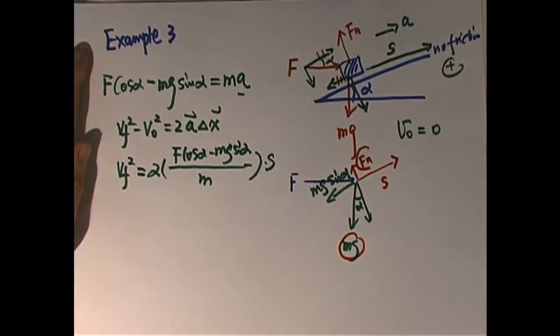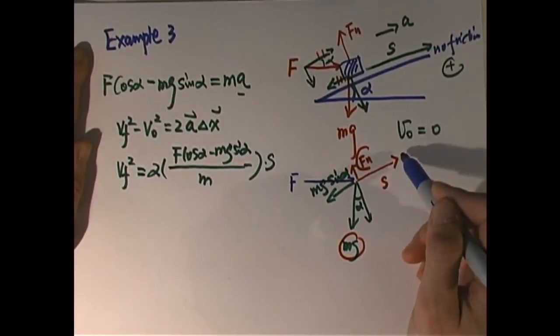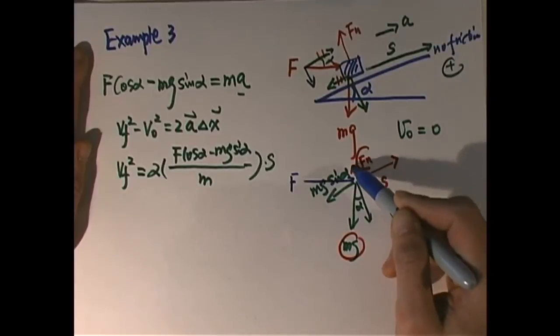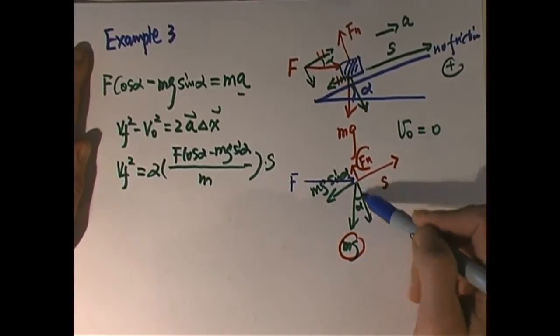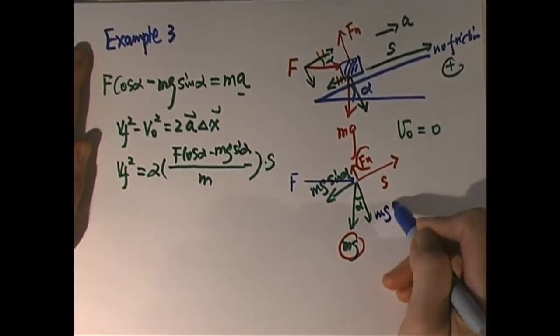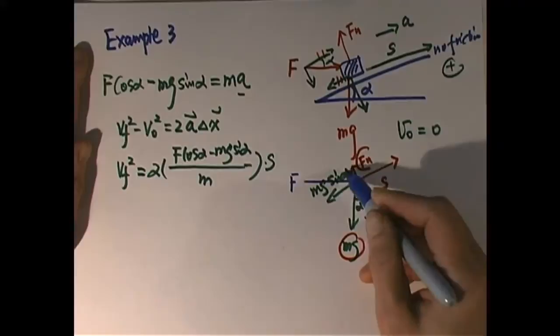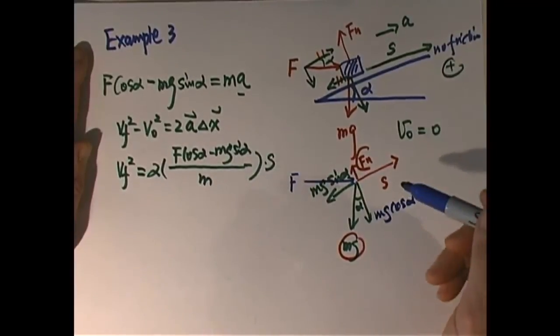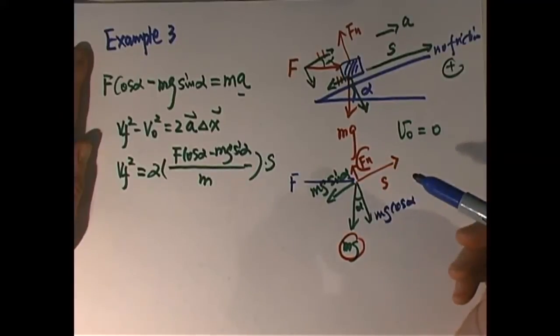So for work done, obviously the displacement is along the slope, so Fn doesn't do work, 90 degrees. For mg, if we split it, the mg cosine alpha portion doesn't do work because of 90 degrees. It is the mg sine alpha portion that does work. It does negative work because mg sine alpha is down the hill, s is up the hill.